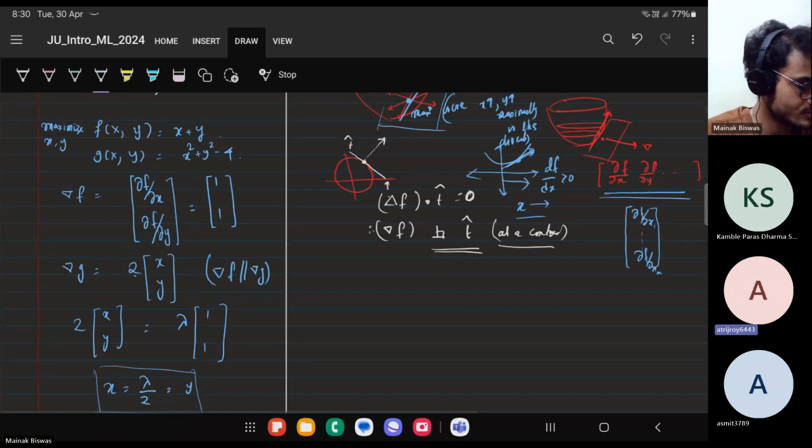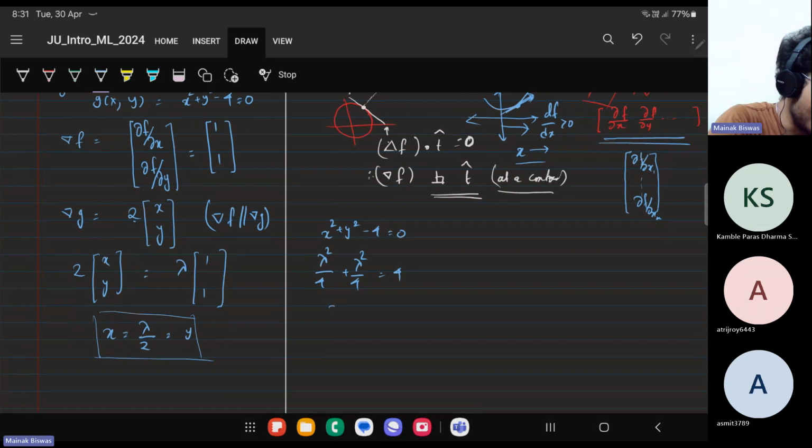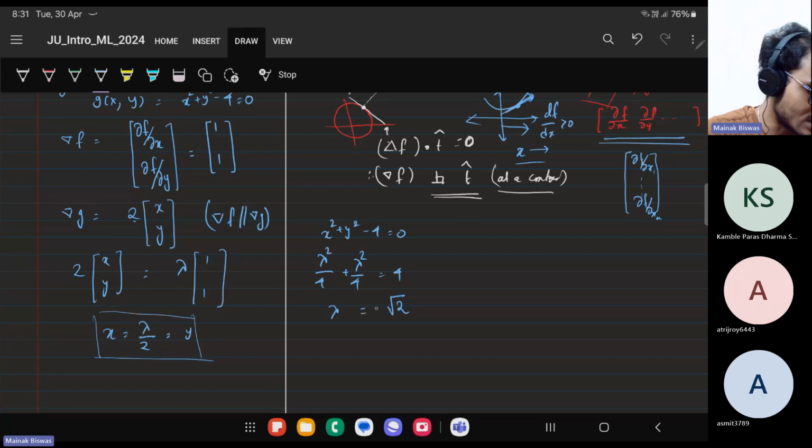We can place it in x square plus y square minus 4 equal to 0. So lambda square by 4 plus lambda square by 4 equal to 4. So 2 lambda square is equal to 8, right? Yes. Lambda is equal to plus minus root 2.